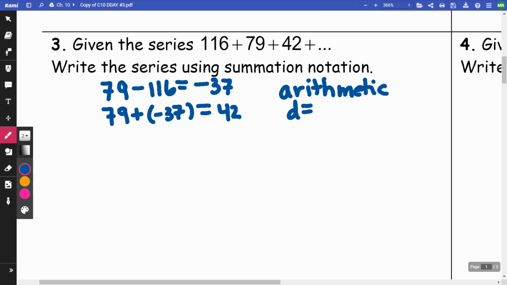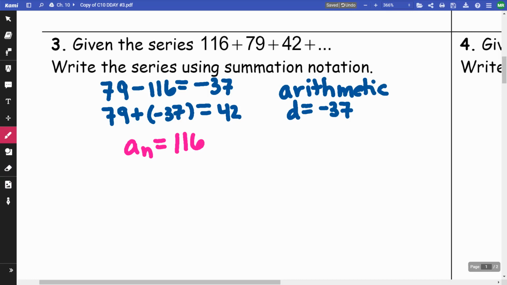My common difference is going to be a negative 37. And when they want us to write it in summation notation, I need to find the equation to generate these numbers, 116, 79, 42. So I'm going to start with 116. I am minusing 37. Because this is my first term, this is going to be n minus 1.